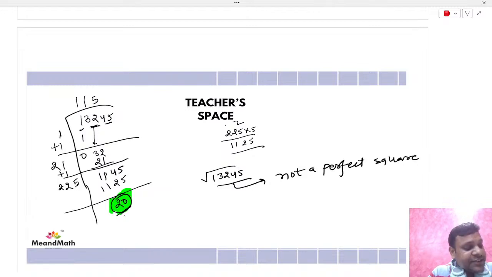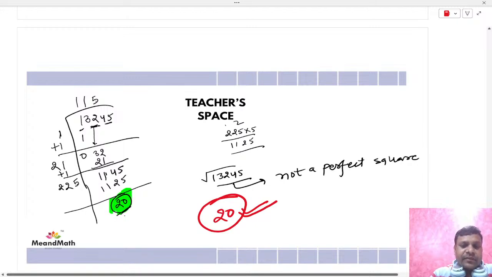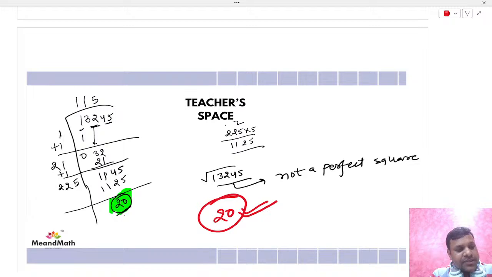Devsika, the answer is 20 here. So you have to subtract 20. Okay, yes, sir. The answer is 20 here. So this is the solution of the question.